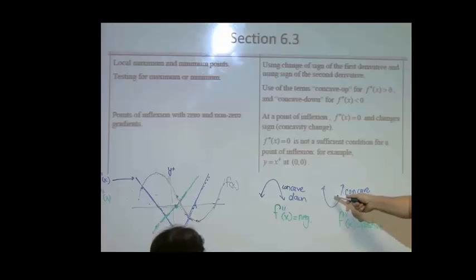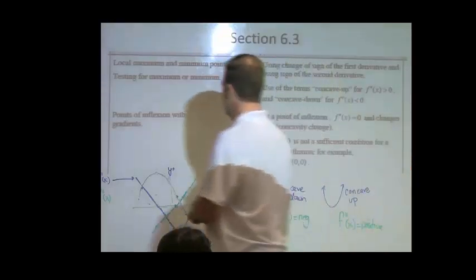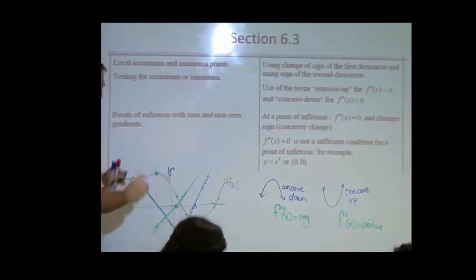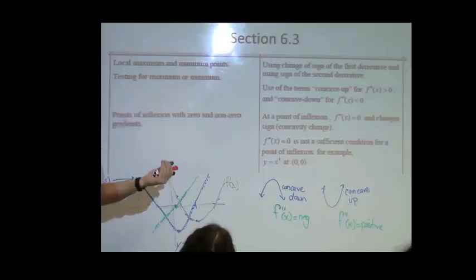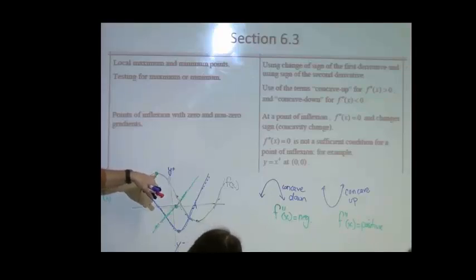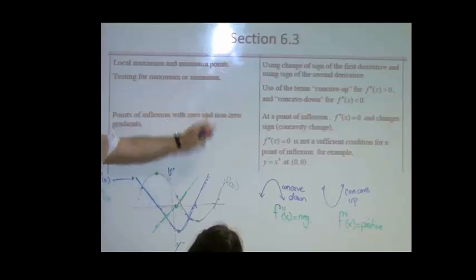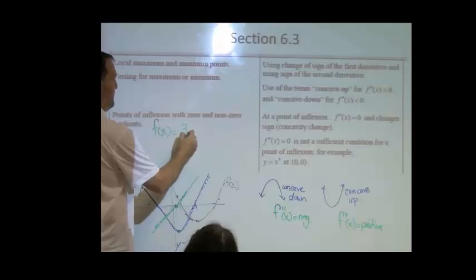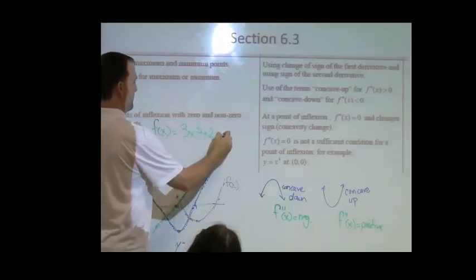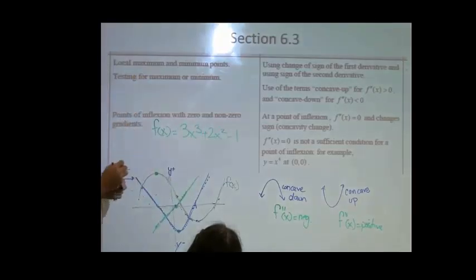That's true. But what I'm saying is, if I asked you, without seeing the graph, and now we have to pretend we don't see the graph, is this point a maximum or minimum? Well, if we didn't see the graph, and I just gave you a new equation, f of x equals 3x cubed plus 2x squared minus 1.